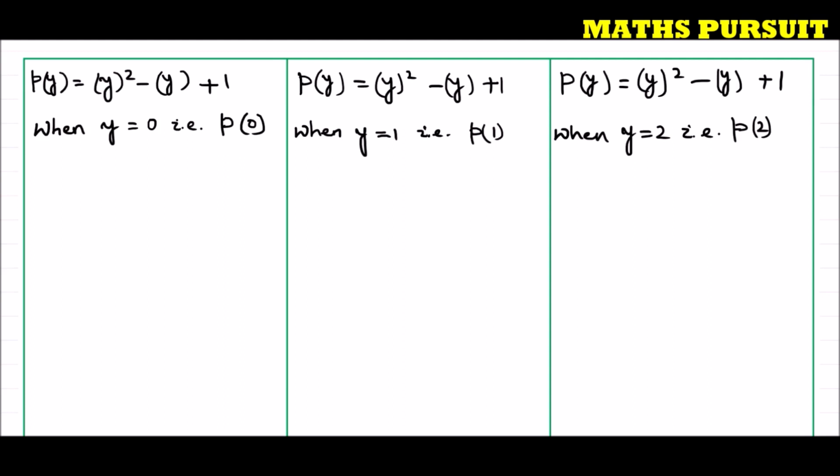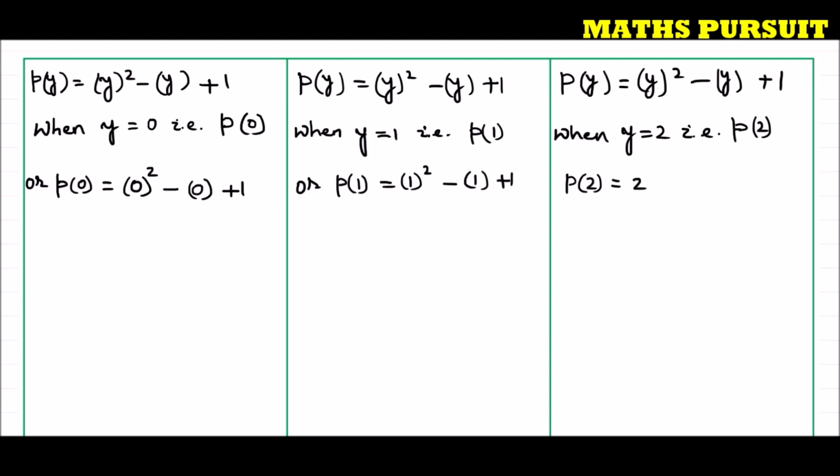In the first column it is 0. So I can write P(0) is equal to 0 to the power 2 minus 0 plus 1, P(1) is equal to 1 to the power 2 minus 1 plus 1, and here P(2) is equal to 2 to the power 2 minus 2 plus 1.